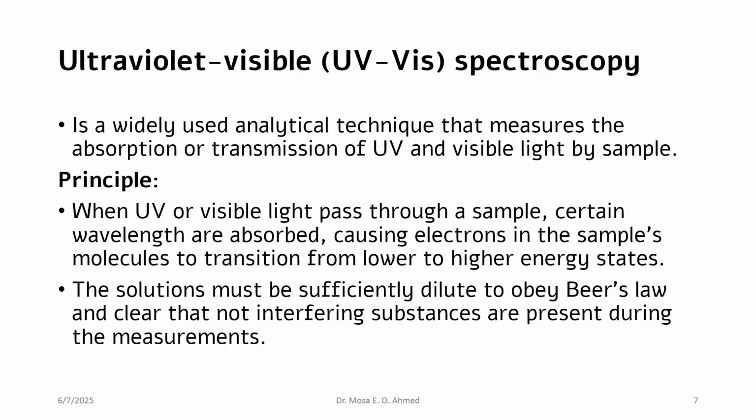In its principle, when the visible light or UV light passes through a sample, the molecule absorbs the light, and this absorption causes electrons in the molecule to transition from a lower to a higher energy state because they absorb the UV and visible light.